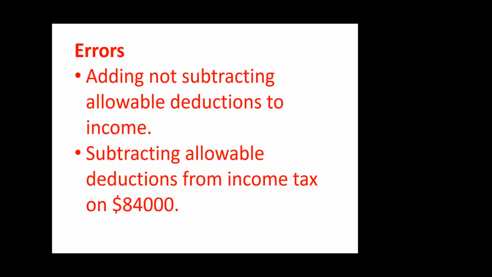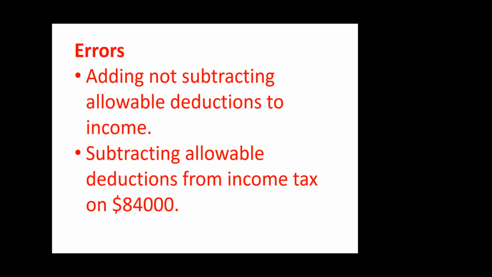Some common errors. They added, not subtracted, the allowable deduction. So we ended up with more that we had to pay tax on. Some of them were leaving the allowable deductions to be subtracted from the income tax that they would pay on the $84,000.